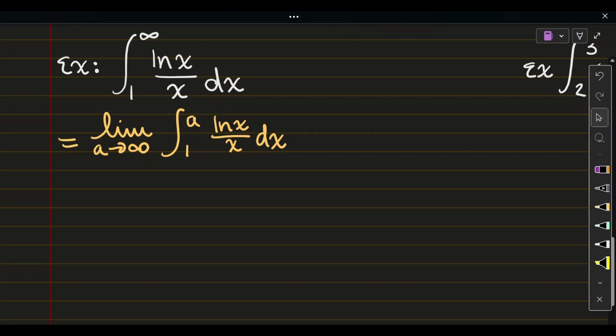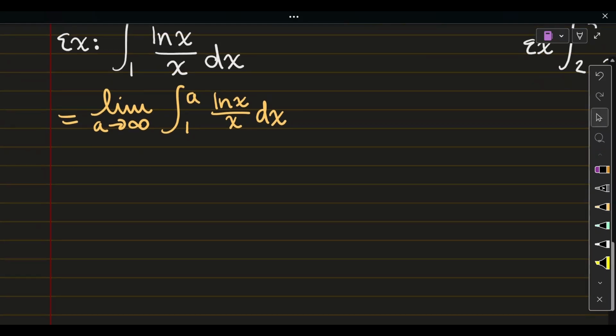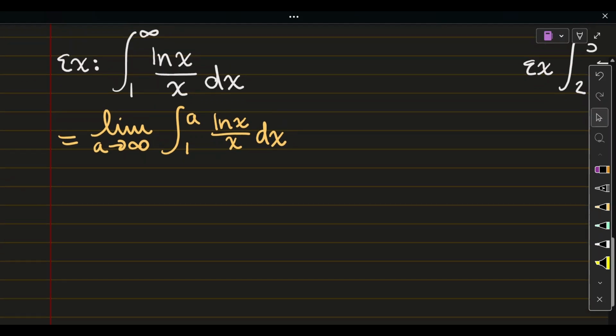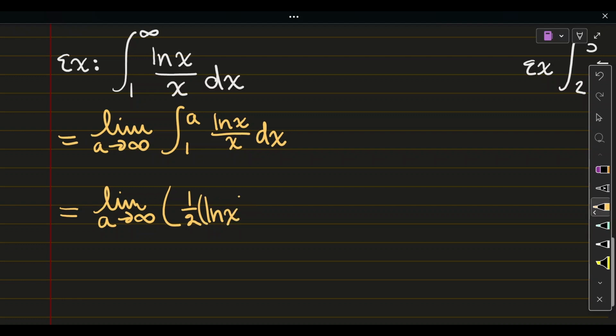Now, we're taking the integral of ln x over x dx. You can verify by a simple u substitution that this is going to be the limit as a goes to infinity of 1/2 ln squared of x, or I can rewrite it as 1/2 (ln x) squared, evaluated from 1 to a.